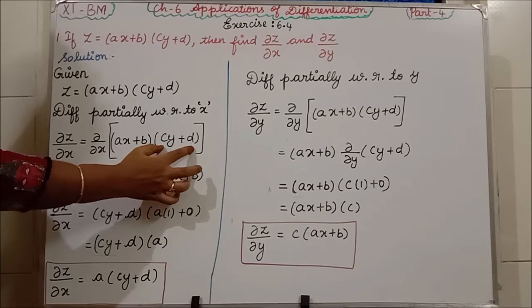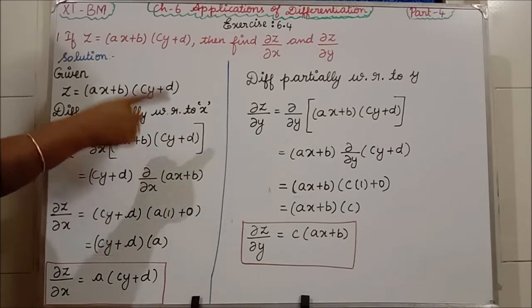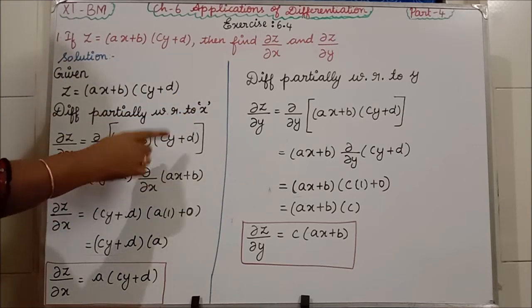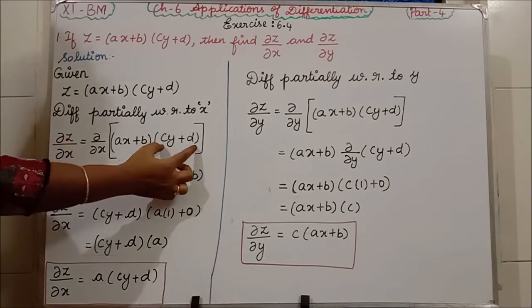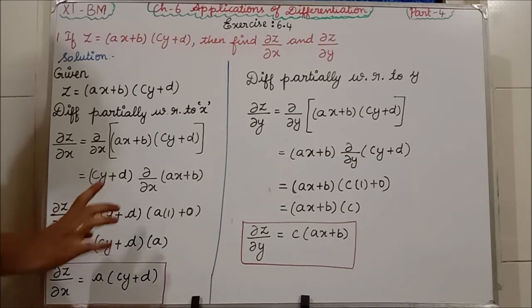Whether here you are having any x term, we are not having an x term. So this is a constant. When you are differentiating with respect to x, the y term, or anything other than x that comes, you have to take it as constant. Here, cy plus d is the constant, so I am going to take it out.